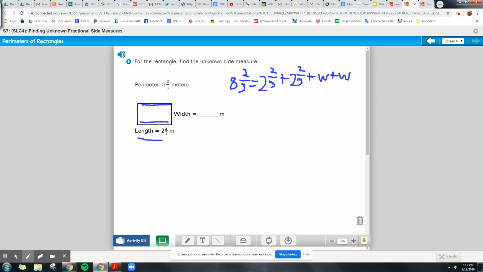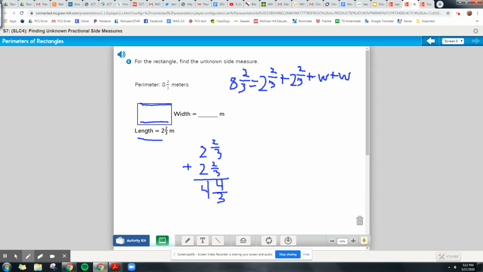So first thing I need to do is do 2 2/3 plus 2 2/3. Well, the 2/3 and the 2/3 is 4/3. So it's going to be 4 4/3.